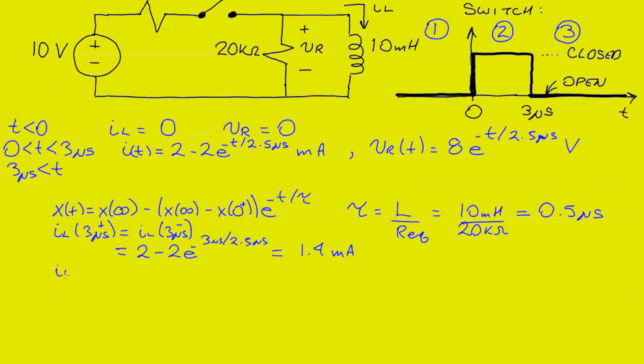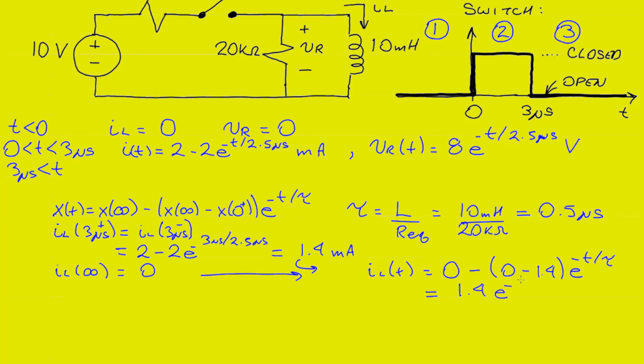At the end of this period, the inductor current IL at infinity, we can see will eventually settle out to 0. So if we take these two facts and combine them, our inductor current as a function of time will be equal to the final value, which is 0, minus the difference between the final value and the initial value, times e to the minus t over our time constant, tau, where we can substitute in the values and see that we'll have 1.4 e to the minus t over 0.5 microseconds, and that will be in milliamps.